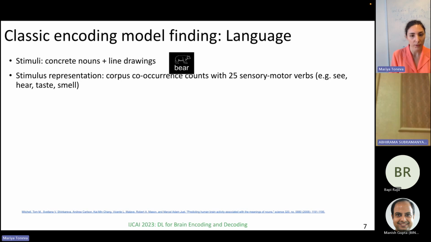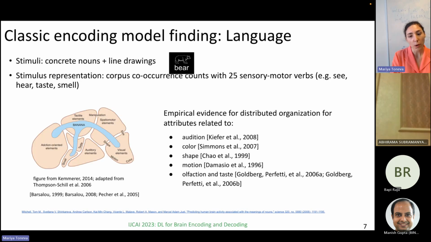Here, the stimulus representation that the authors chose for this data was a corpus co-occurrence representation, which corresponded to 25 sensory motor verbs, such as see, hear, taste, and smell. The reason for choosing these 25 sensory motor verbs was a hypothesis, or a theory I should say, from cognitive science and neuroscience, which holds that the way we represent semantics in the brain is embodied.